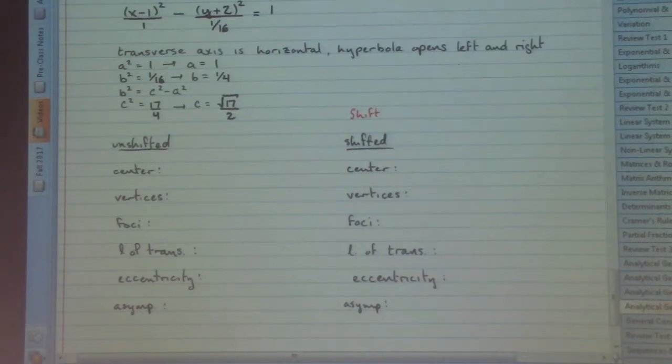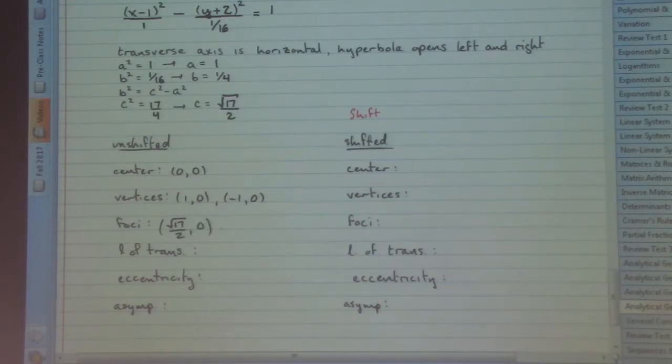Our unshifted center is the origin. Our unshifted vertices are going to be based on our a value, and the a comes first because our orientation is horizontal. So (1, 0) and (-1, 0). Foci: our c is the square root of 17 over 4.